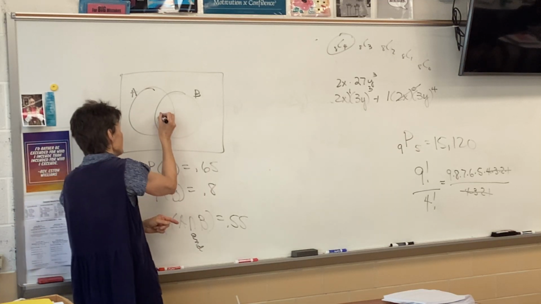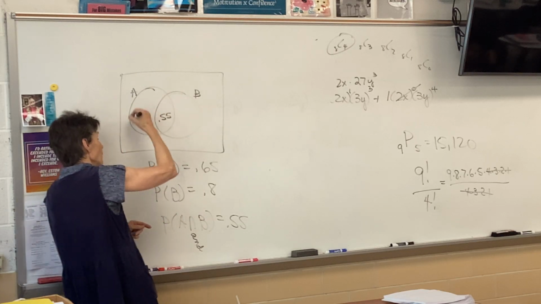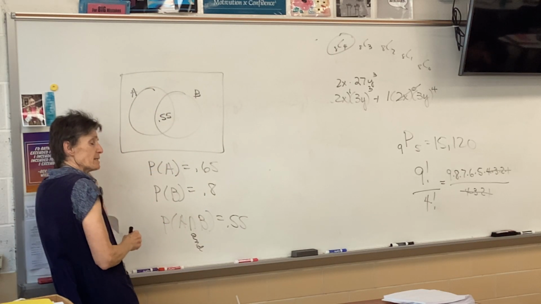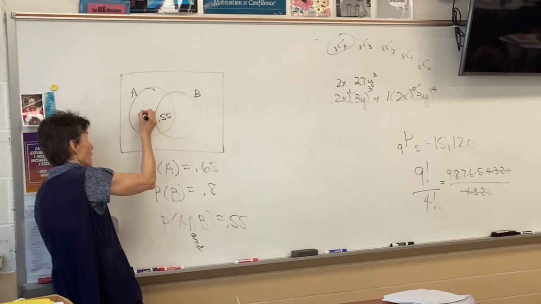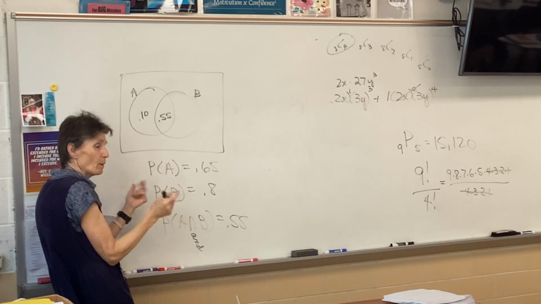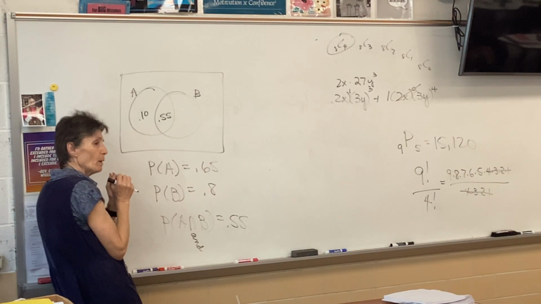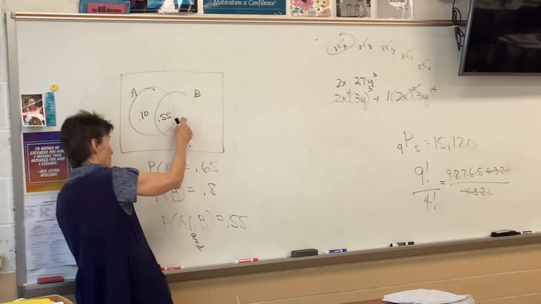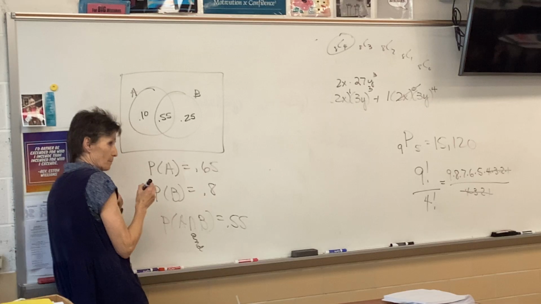So I can put that in. If the whole apple ball is 0.65, then this right here has to be 0.10, 0.1. If the whole banana ball is 0.8, then this part right here has to be 0.25.